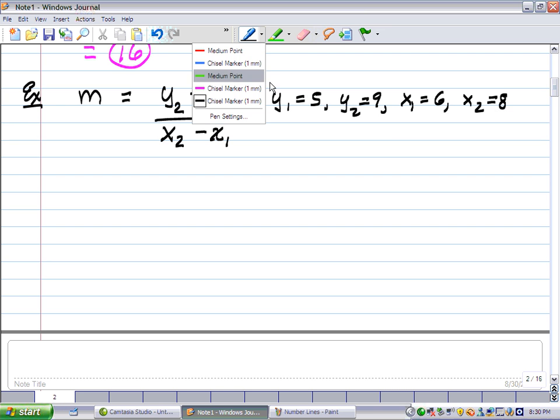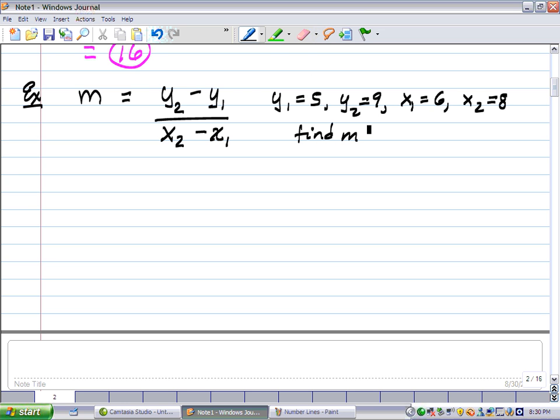So if we're going to find the m, we need to substitute these numbers in, or slang is plug them in for the variables.